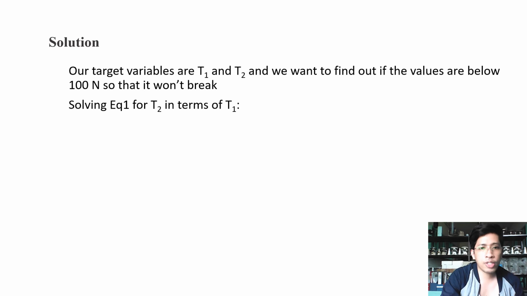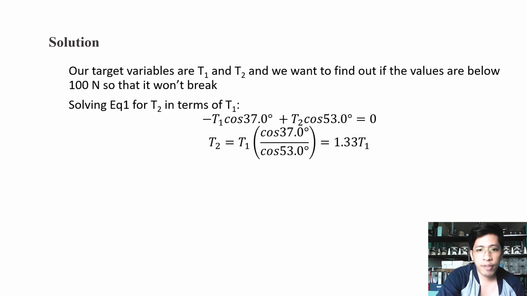So solving equation 1 for T2 in terms of T1, we have here your equation 1. We solve for T2 in terms of T1. Rewriting, you have your T2 is equal to T1 cosine 37 degrees divided by cosine 53 degrees.